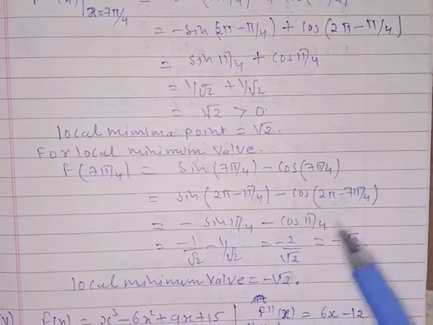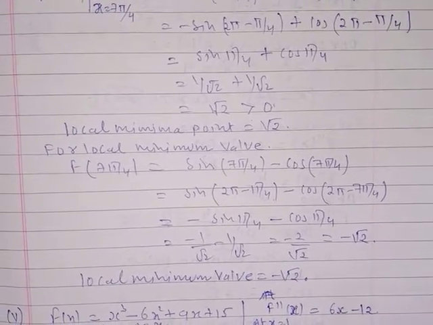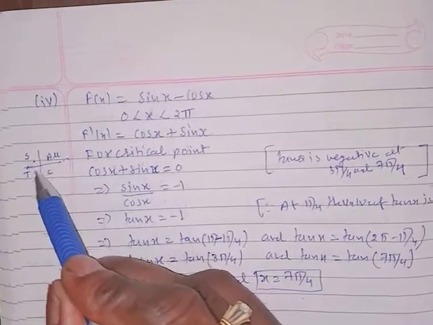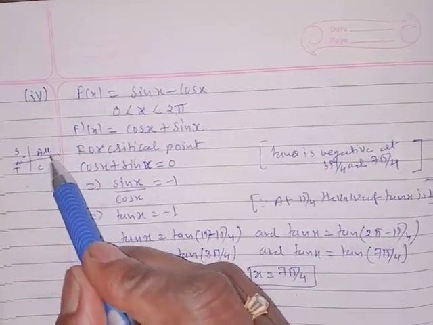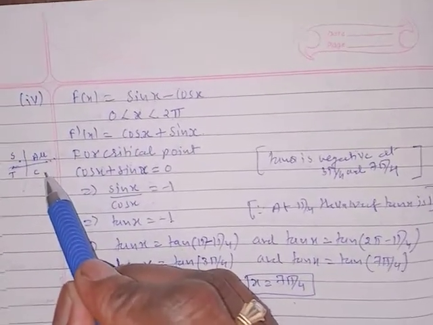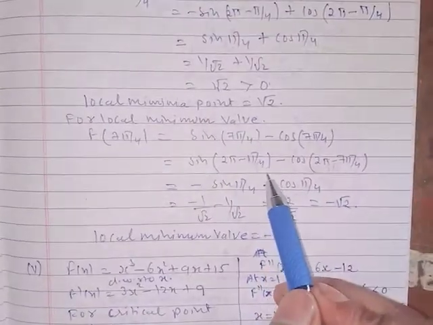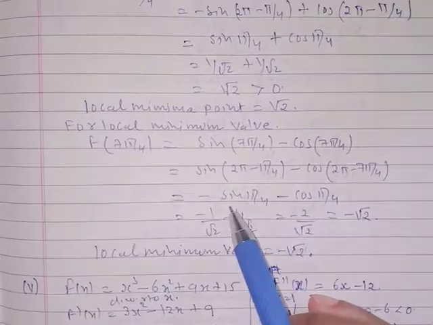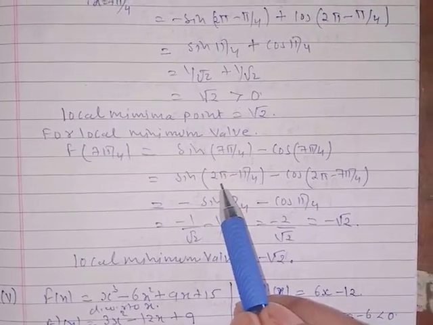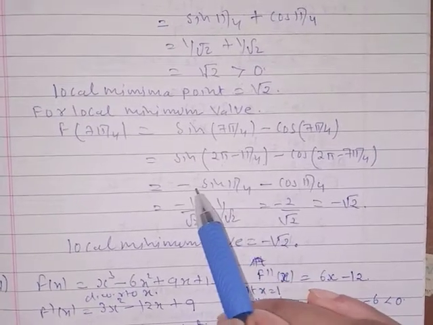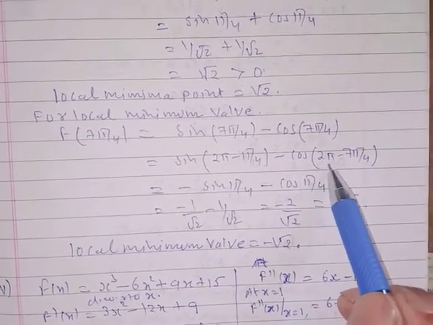2π minus π/4 is in the fourth quadrant, where sine is negative and cos is positive.